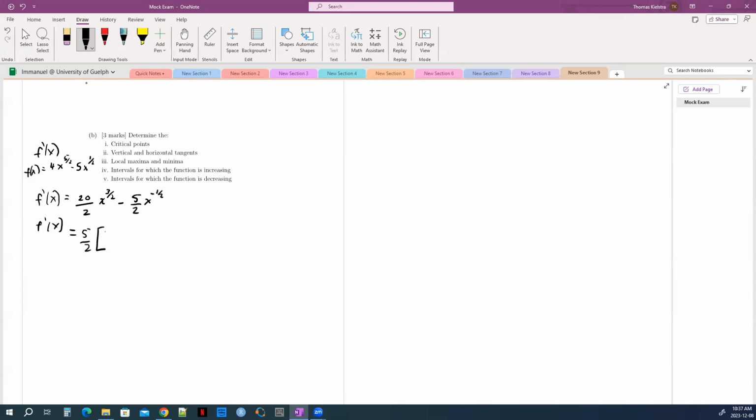Okay, and then we're going to get 4x to the 3 over 2 minus x to the minus 1 over 2. And here we want to factor some more. So 5 over 2. We're going to factor out this 1 half to give us 4x squared minus 1 all over x to the 1 half.